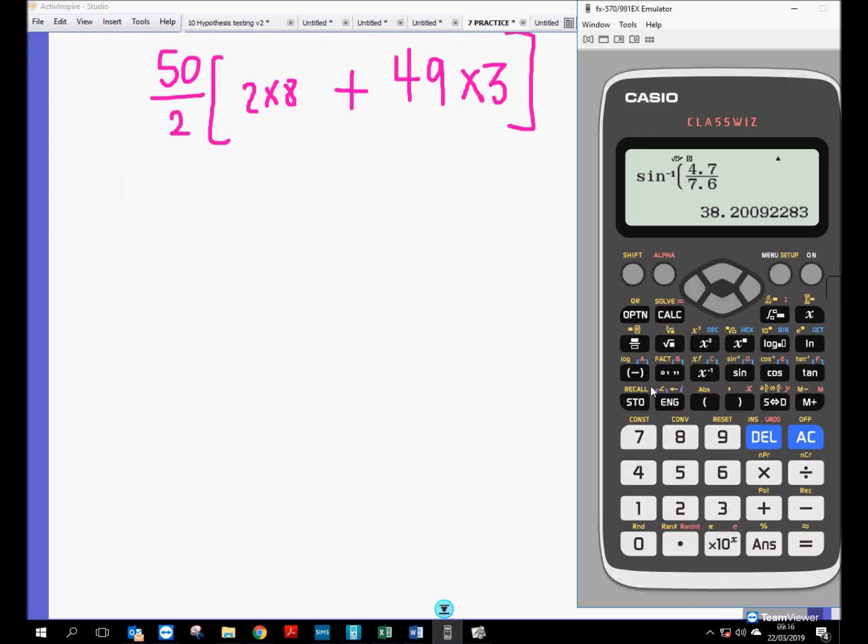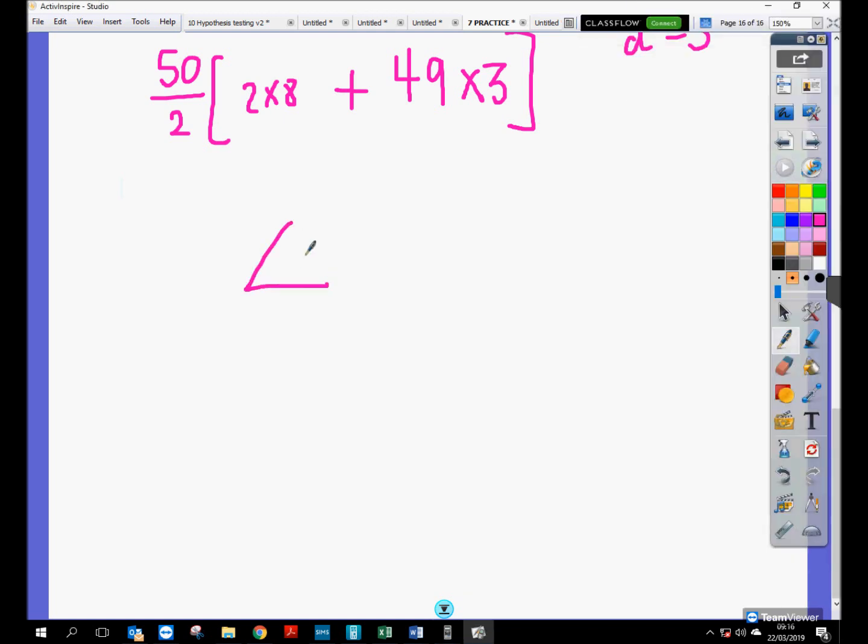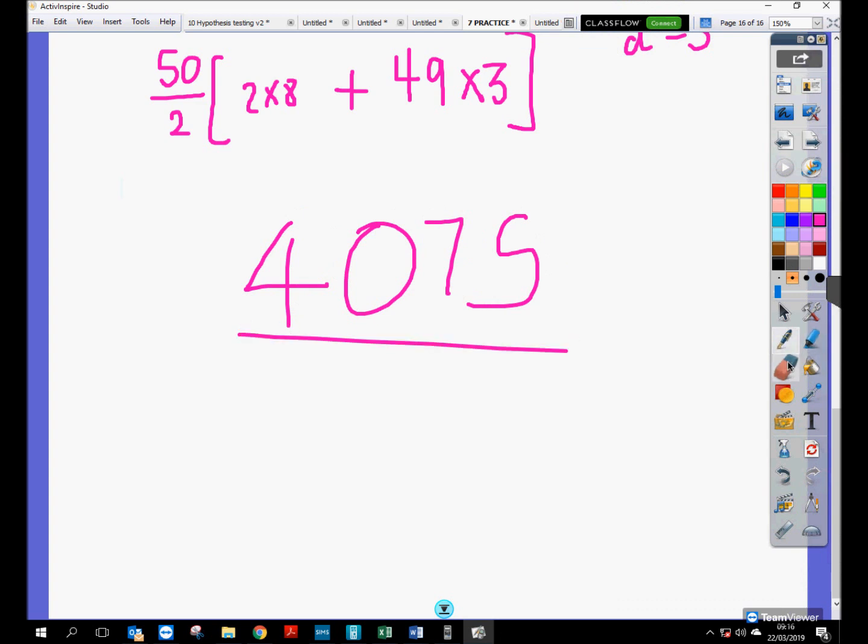Type this into the calculator: 50 over 2, brackets 2 times 8 plus 49 times 3, close brackets. And this gives us a final answer of 4,075. Okay, that's the answer to the question.